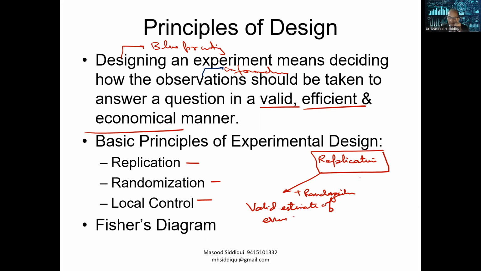Replication in conjunction with local control provides the control of error, or decrease of error. So replication along with randomization provides a valid estimate, and along with local control, it achieves control over the extraneous factor. This is Fisher's diagram.